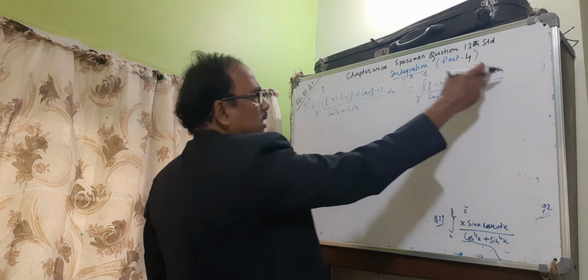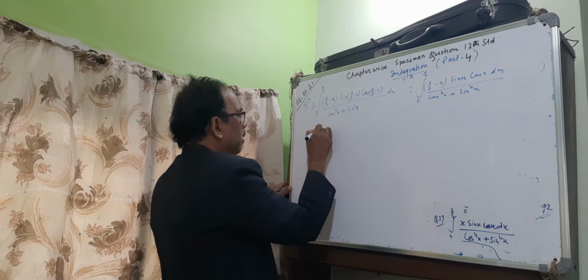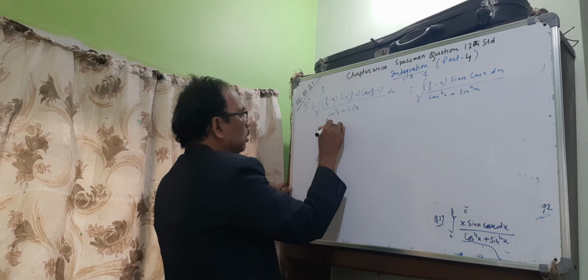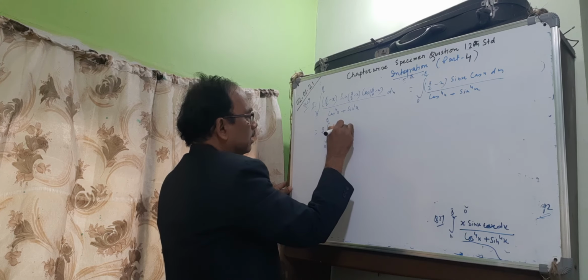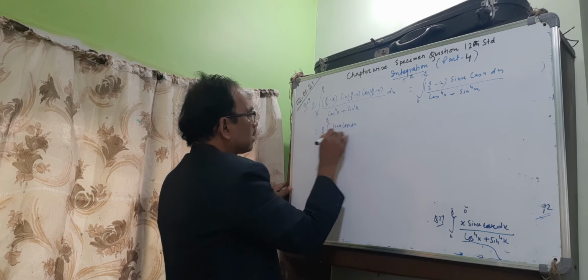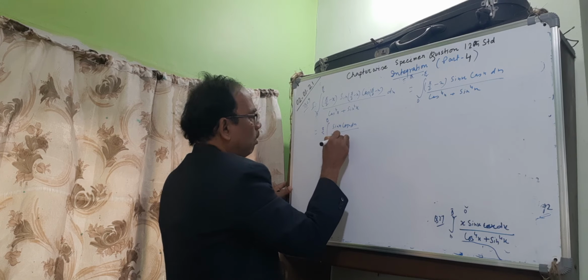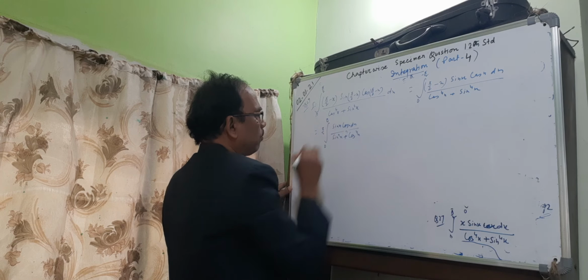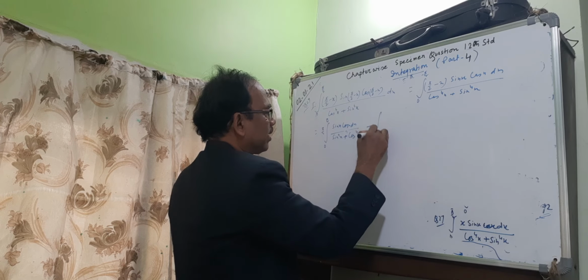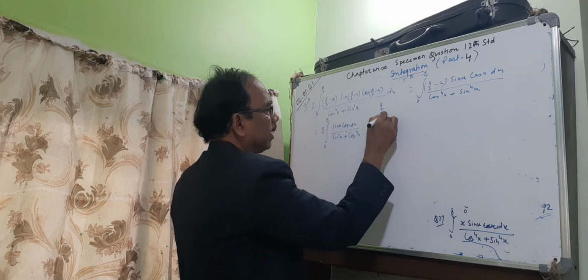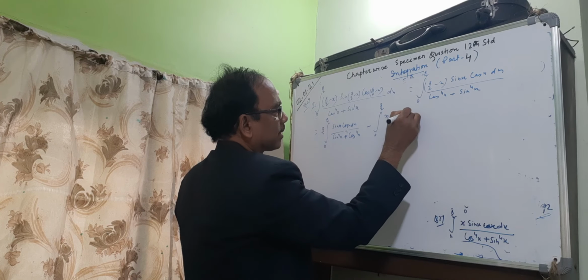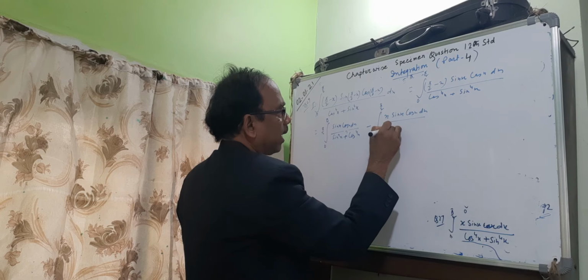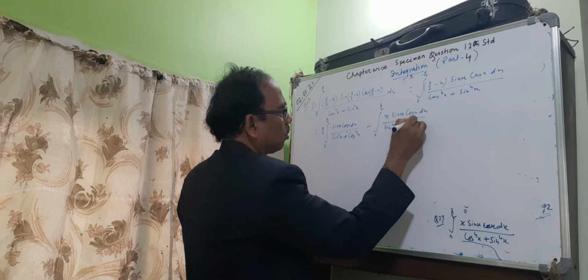Now this is pi by 2 times the integral from 0 to pi by 2 of sin x cos x dx over sin to the power 4x plus cos to the power 4x, minus the integral from 0 to pi by 2 of x sin x cos x dx over sin to the power 4x plus cos to the power 4x.